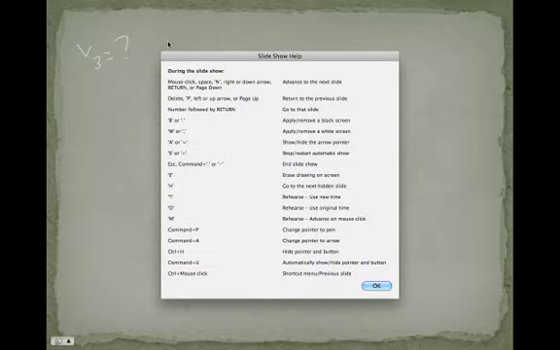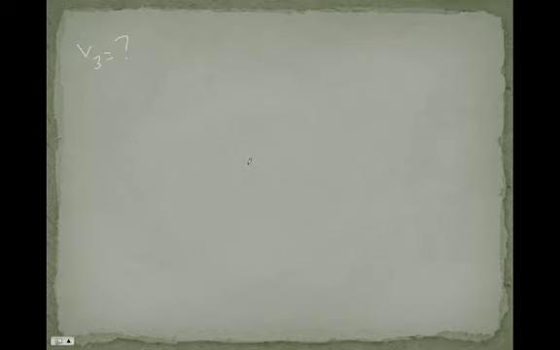Now I know, sorry, my pen keeps slipping. To find my third voltage, I need to know my third current and my third resistance. Now, since this is a series circuit, the total current is equal to the current through each part.